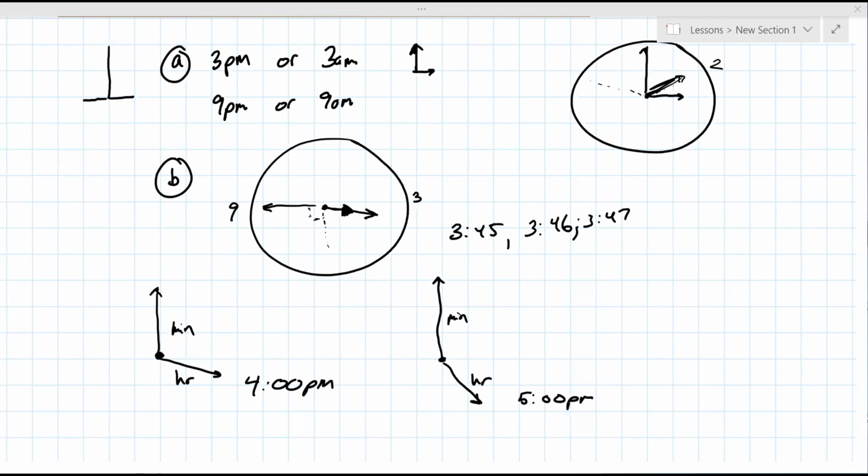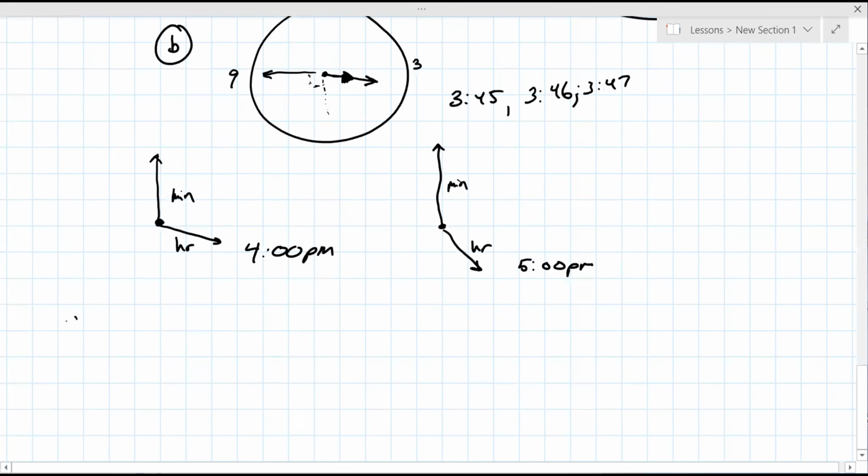Okay, so this last part is asking for congruent acute angles. I'm not quite sure what your book is exactly referring to there. One of the answers I'm seeing with an online reference is 2 o'clock.